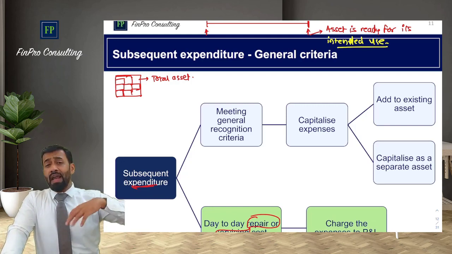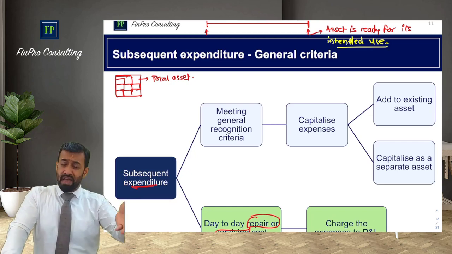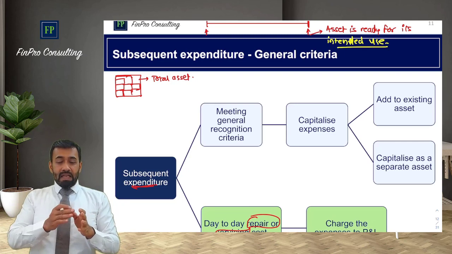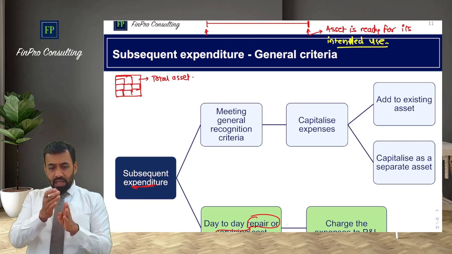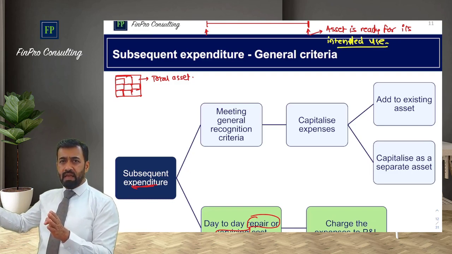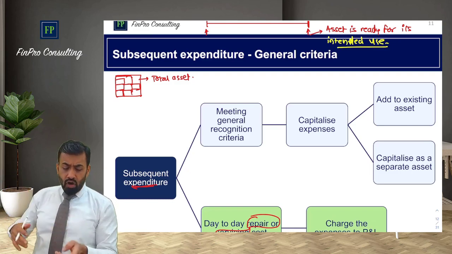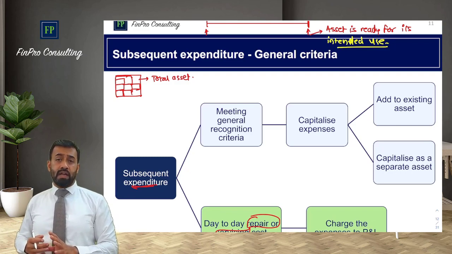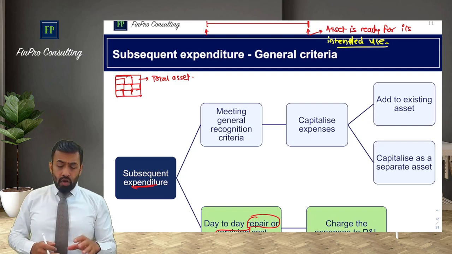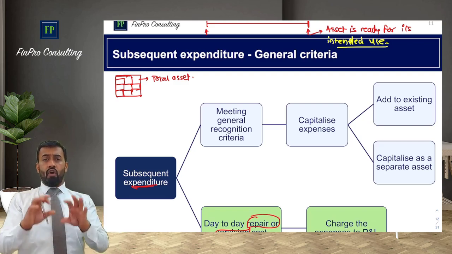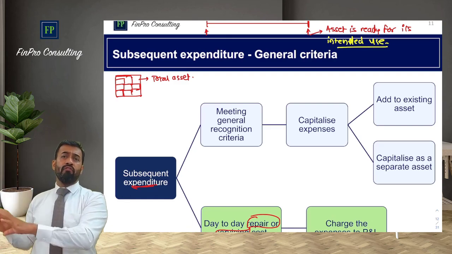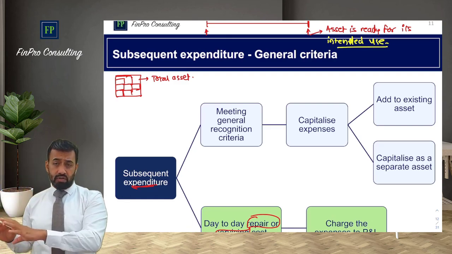So wherever the entity incurs such expenditure once the asset is ready for use, it may incur subsequent expenditure at various points of time. Not all the expenditure is of this day-to-day repairs and servicing maintenance nature. So if it is a repair and servicing cost or maintenance cost, then you have to transfer it to the profit and loss account as expenditure.